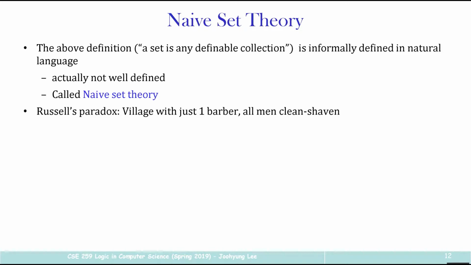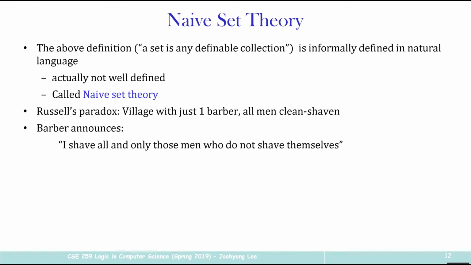So if you just say a set is a collection of objects, that's not going to work in some formal mathematics. So Russell was giving this example. There's an old village where there's only one barber, and they are all cleanly shaven. And the barber announces this fact: I shave all and only those men who do not shave themselves.